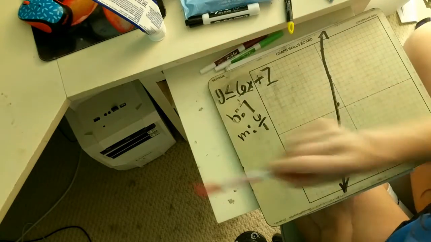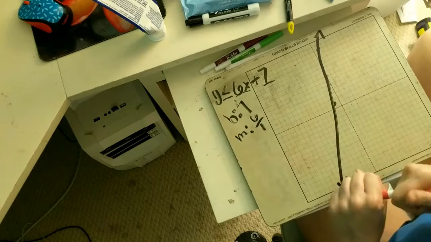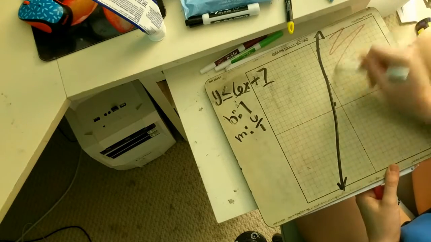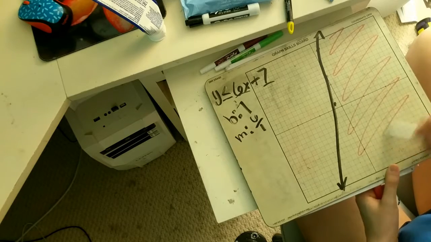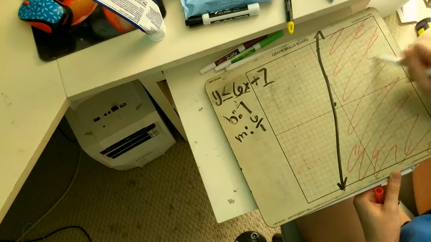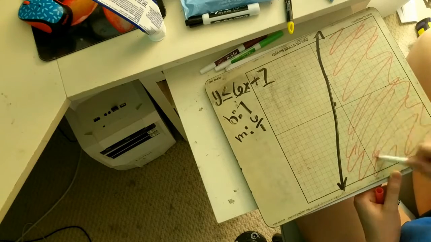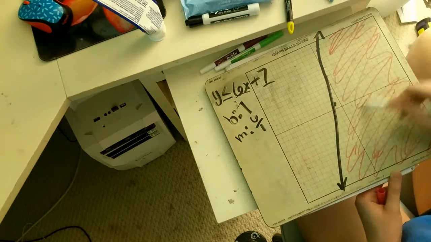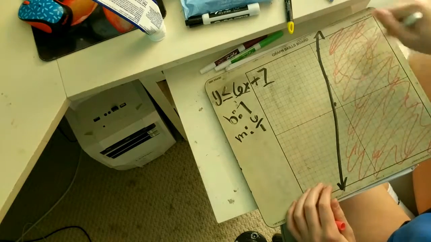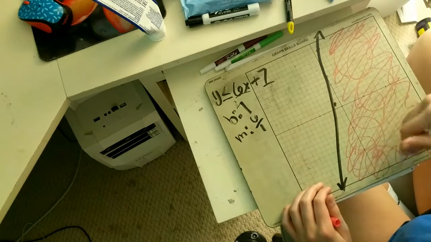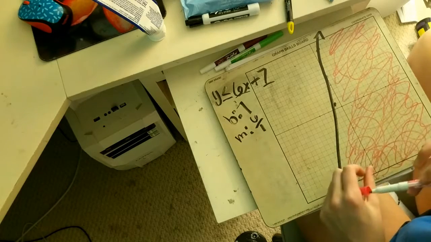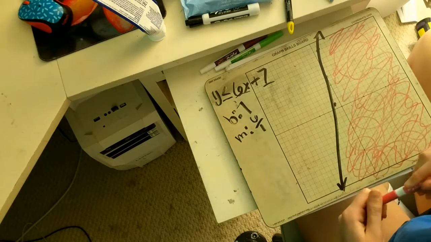And as we can see, it is less than y. So that means we are going to shade below. Any solution points will be in this region. No solution points will be in this region. And that's it.